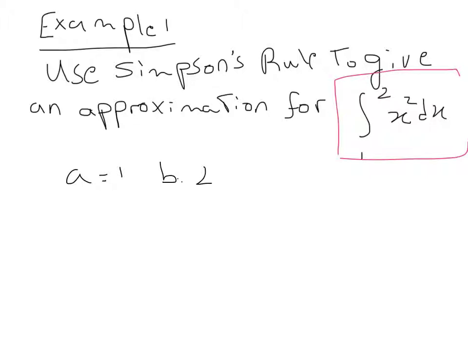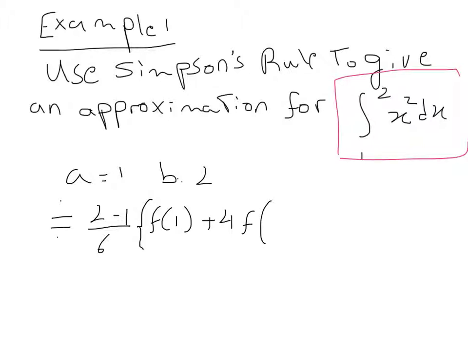I would just substitute in it, so approximately we'll have 2 minus 1 over 6, f of 1 plus 4 f of a plus b over 2, which is 1 plus 2 over 2, plus f of 2.